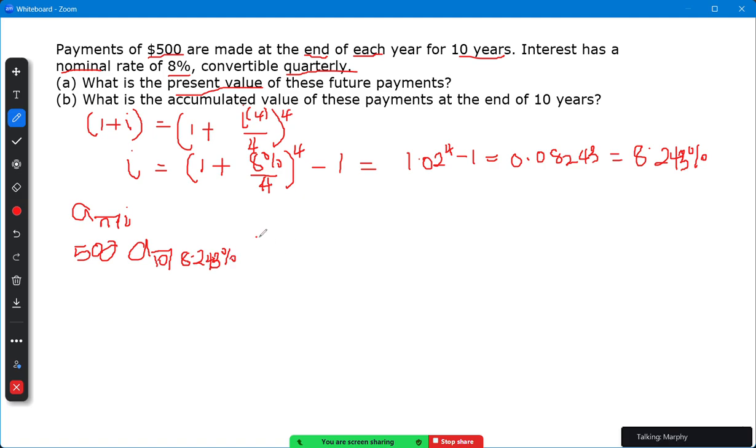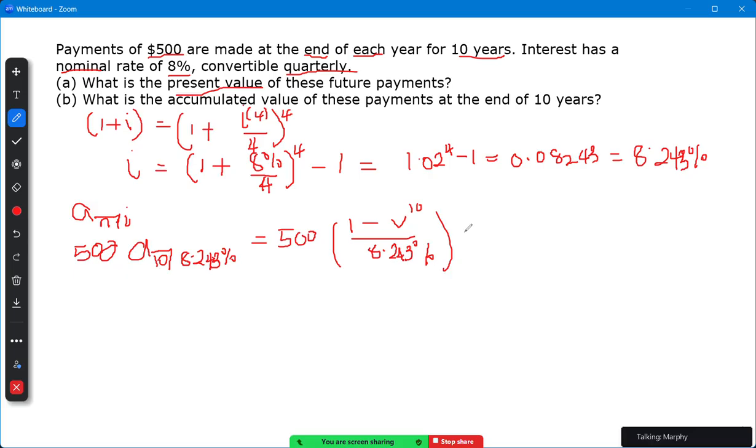So I have this to be the same as 500, and the formula for this is 1 minus v raised to the power of 10, divided by i, which is 8.243%.